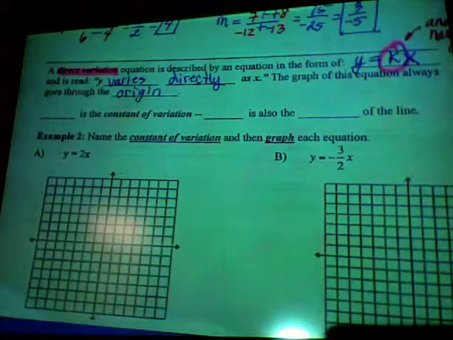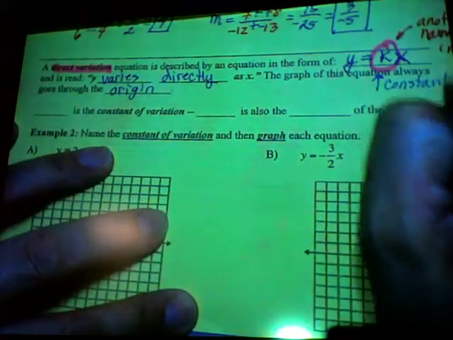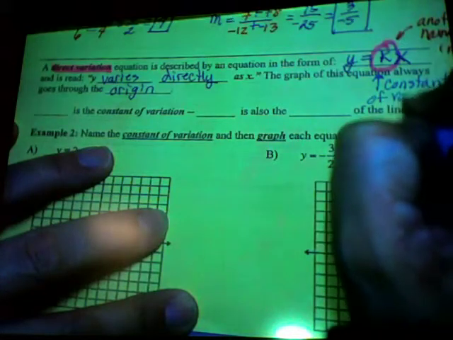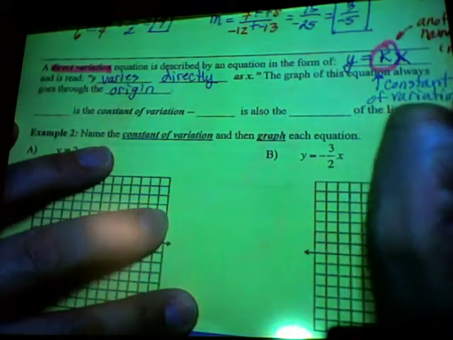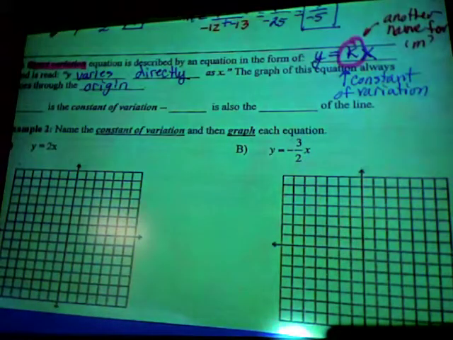This k is also, although it's another name for m, called the constant of variation. It's how y varies directly as x. Constant of variation is just another fancy name for the slope of that line.